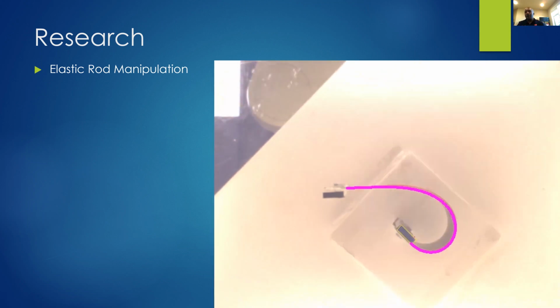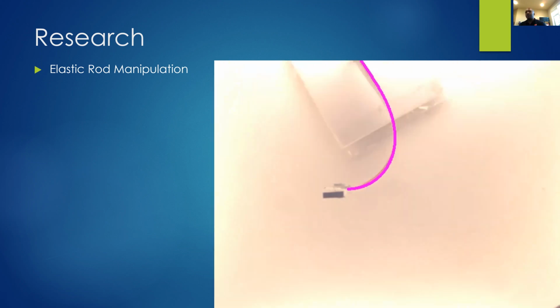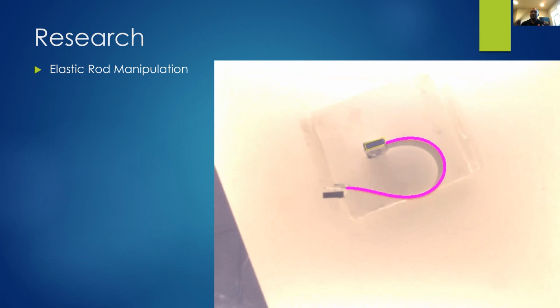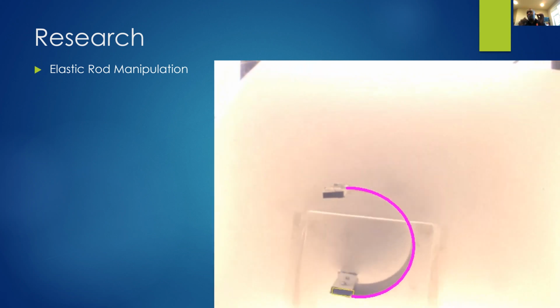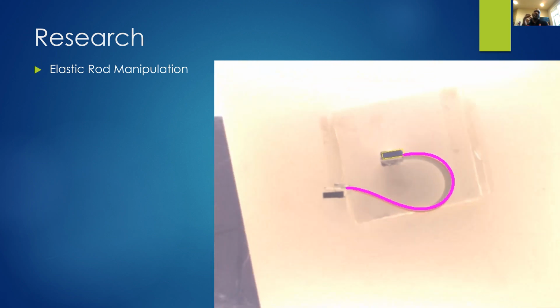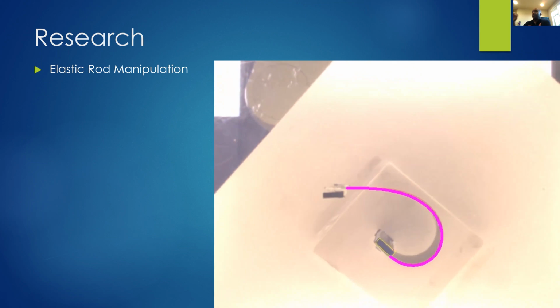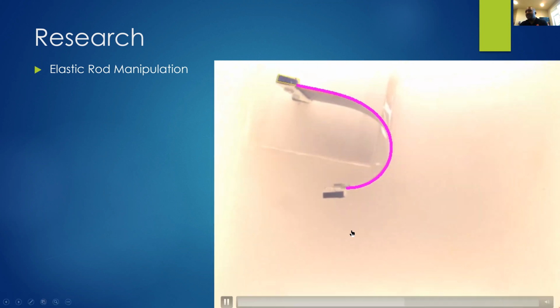A little bit of a profound statement: with this planar strip, if I know the force in the X, the force in the Y, and the moment about the Z axis, I know the shape. It's a unique mapping between the shape of the rod and the force and torque at either one of these edges.